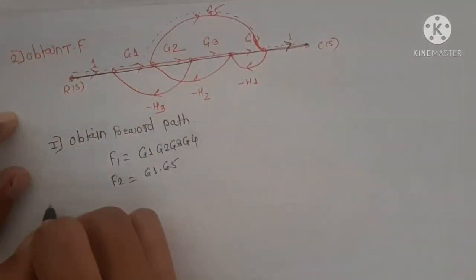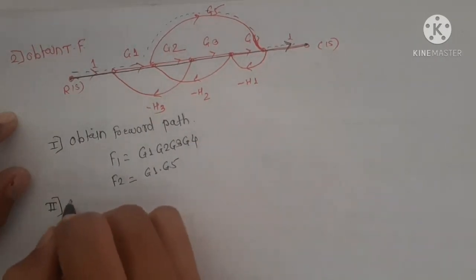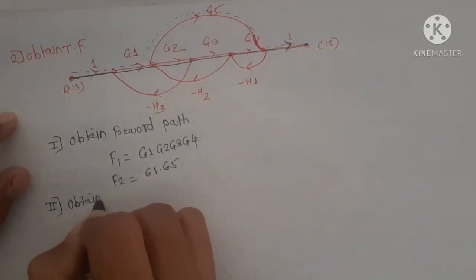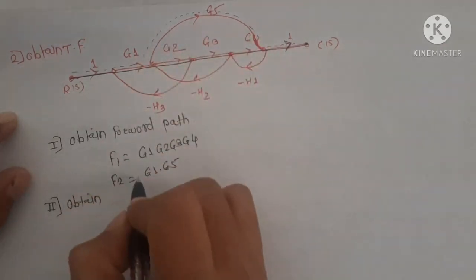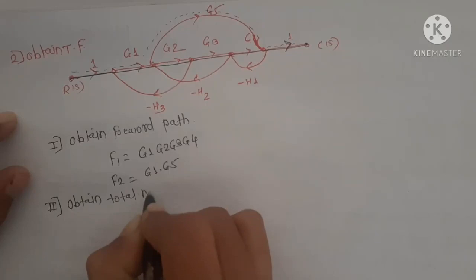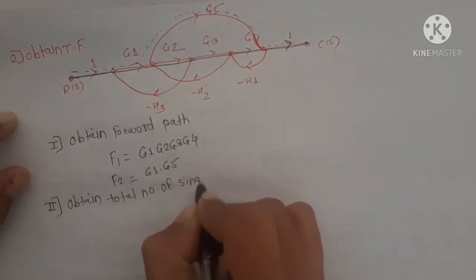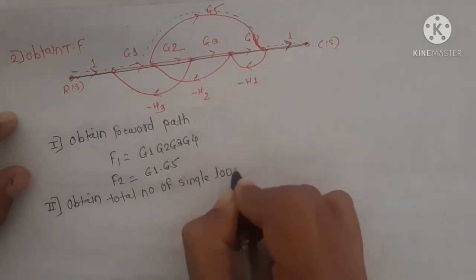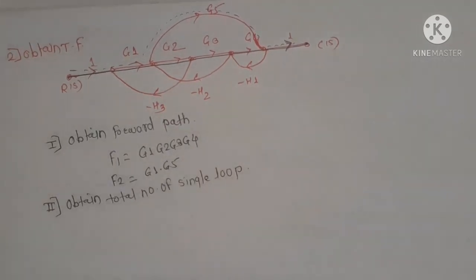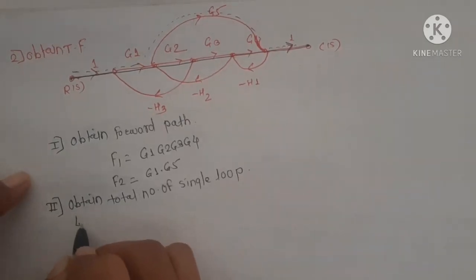Now the next step, after finding the forward paths, is to obtain the total number of single loops present in the diagram. A single loop is denoted by the letter L11.